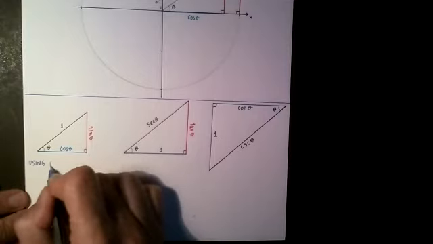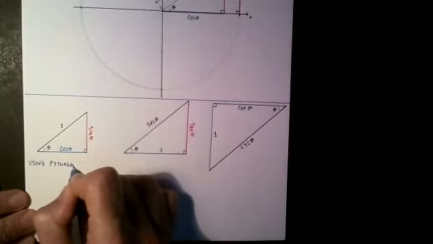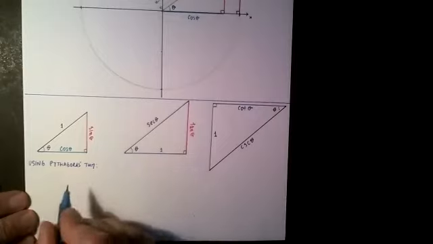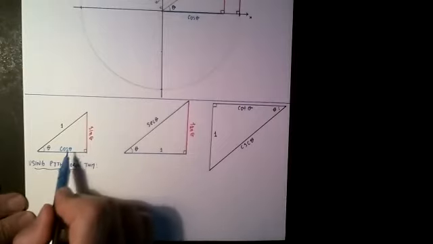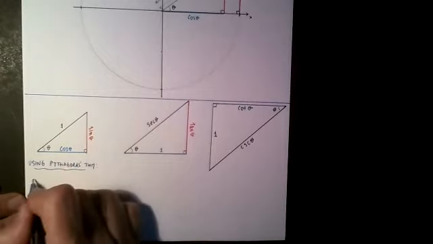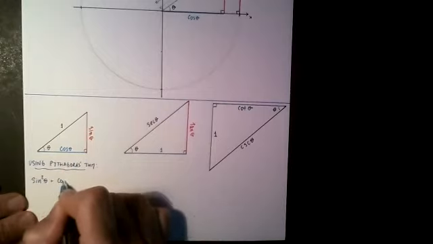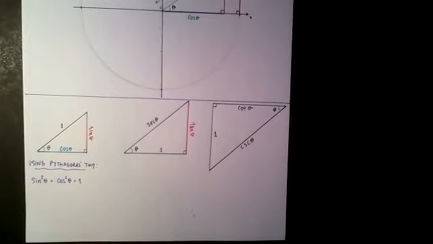I'm gonna write a bit smaller because I have to fit everything here. So we have sine squared plus cos squared equals 1 squared. So sine squared theta plus cos squared theta equals 1 squared.